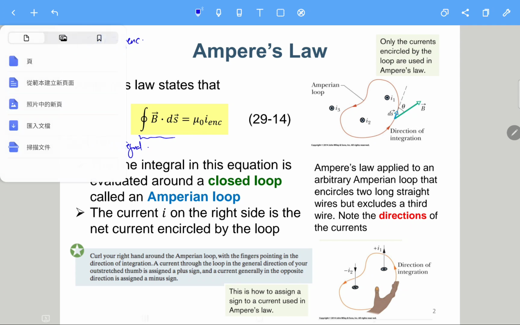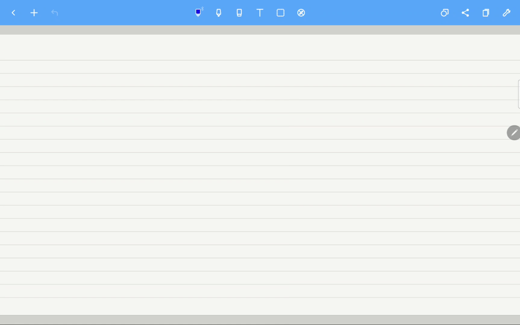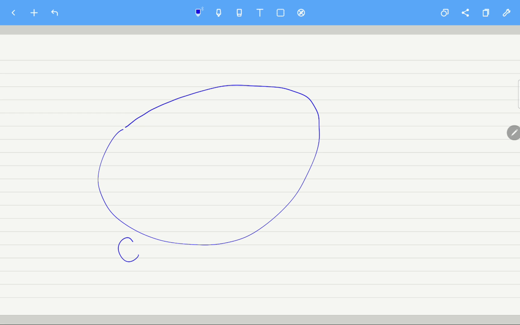So let me simply explain what the line integral is. If we have a path C, which is closed, which means that the starting point and the end point should be the same, then it is called a closed loop, usually denoted by C. And in this textbook, it is also called the Amperian loop.